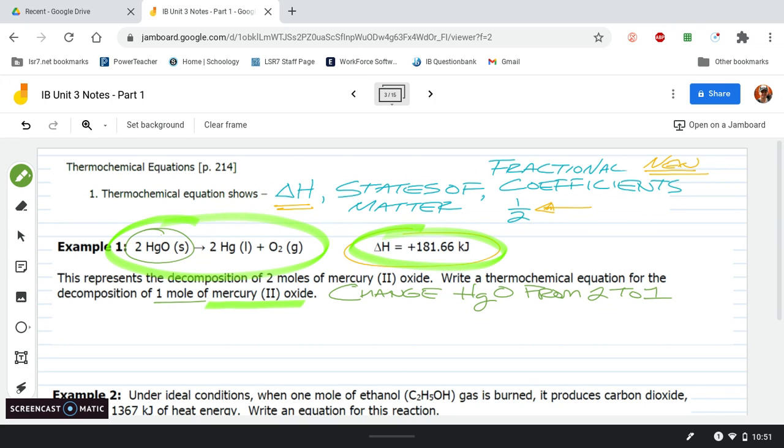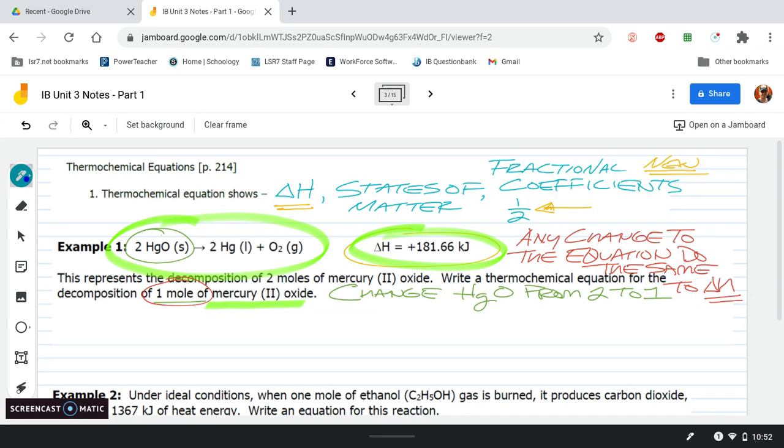Anything you do to the formula, you do to delta H. So any change to the equation, you do the same thing to your delta H. Whatever you do to the equation, you do the same thing to delta H. So if we've got to change this value to a 1, I'm going to rewrite it.